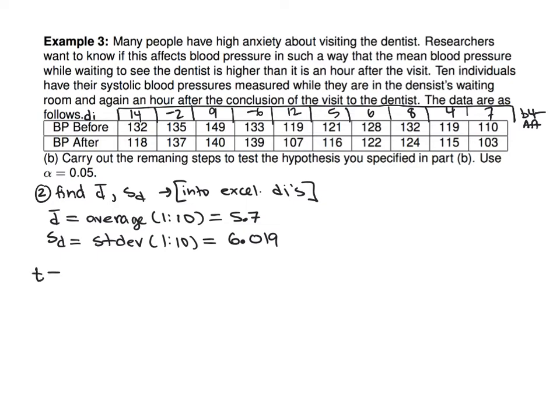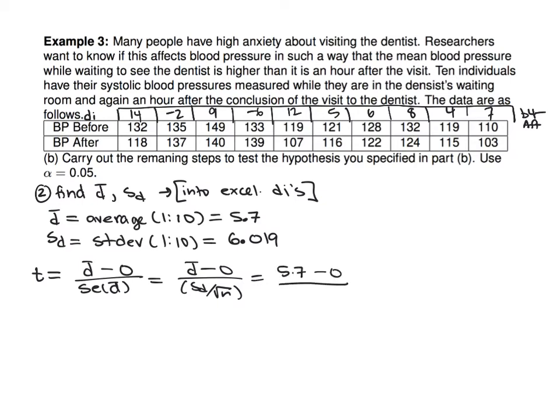Okay, our test statistic T is D bar minus 0 over the standard error of D bar, or D bar minus 0 over S sub D over root N. So that's 5.7 minus 0 over 6.019 over root 10, which comes out to be about 2.99.